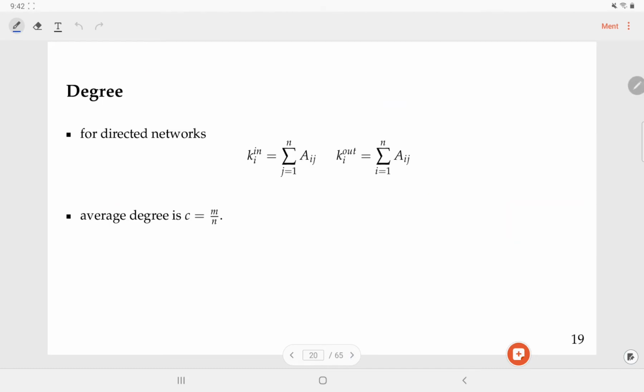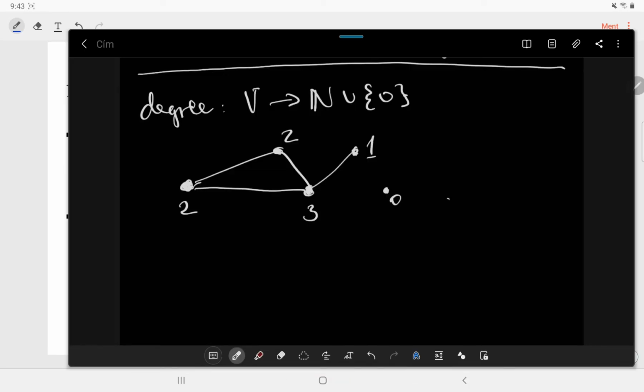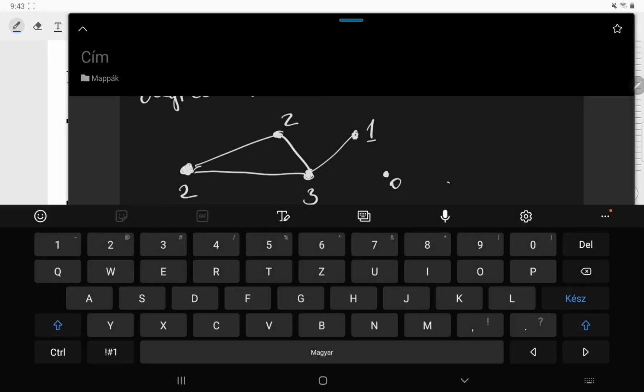Okay. So for directed networks, the degree becomes an interesting thing, because we need to distinguish the in degree and the out degree. So if we have a graph like this, and we have some kind of direction, sorry about that one, I pushed it accidentally.